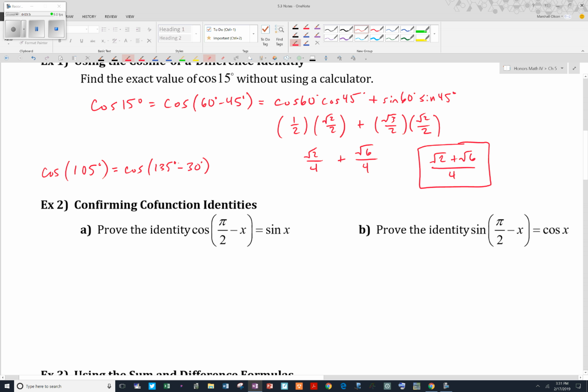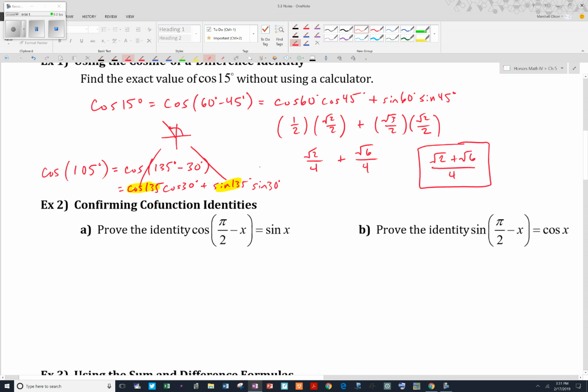And even though 135 isn't an acute angle, we know the cosine and sine of 135. So we can use that to help us identify these values. Sine 30 right here. This guy and this guy, we know what those are. We know that those have a reference angle of 45 degrees in the second quadrant.